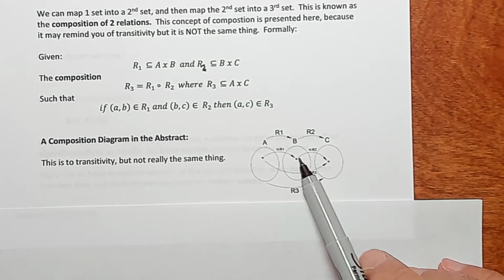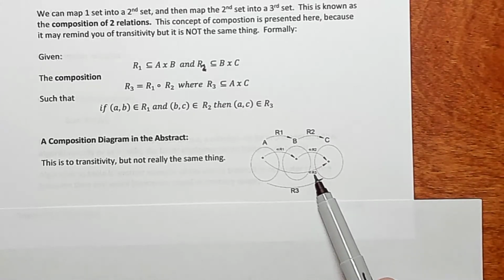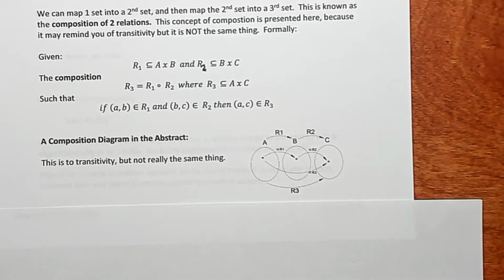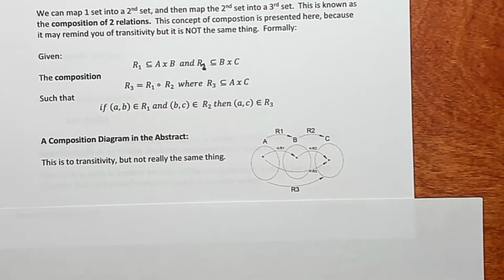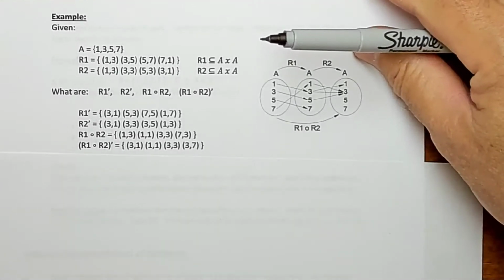This arrow comes from an ordered pair that's in R2. And this arrow right here comes from an ordered pair that's in R3. With numbers, once again, here you go.